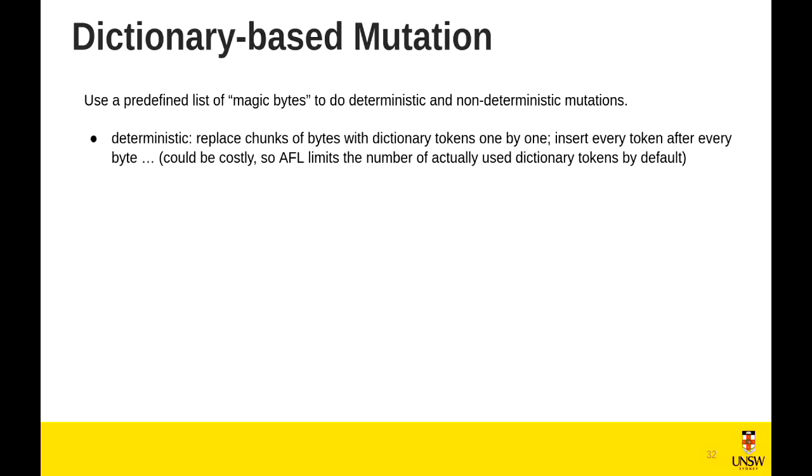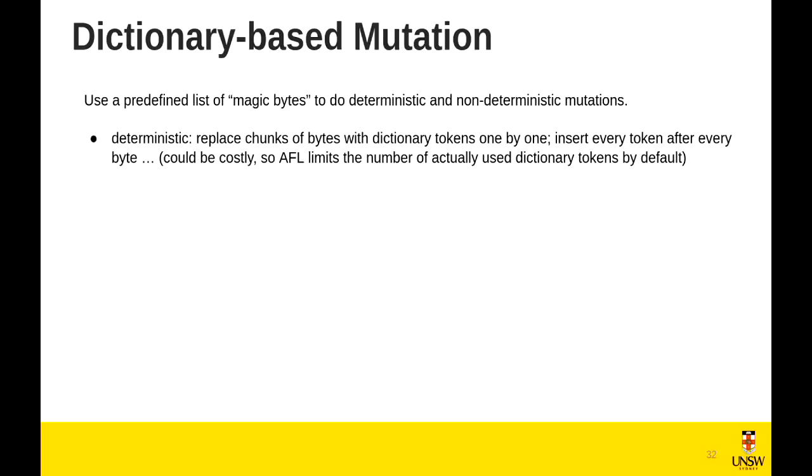That is deterministic. And we can also try to inject a token or magic byte after every byte of the test input we have. So that's why it is deterministic.